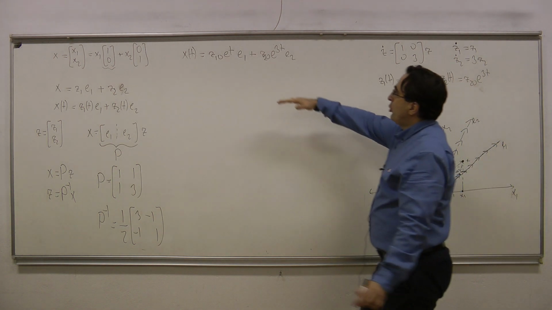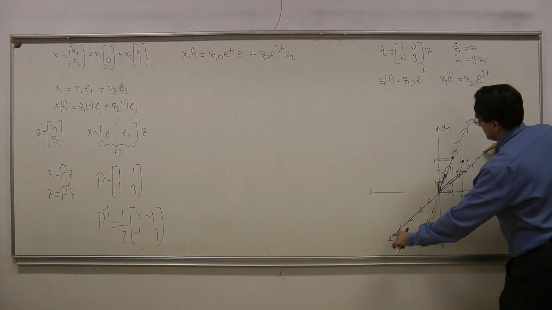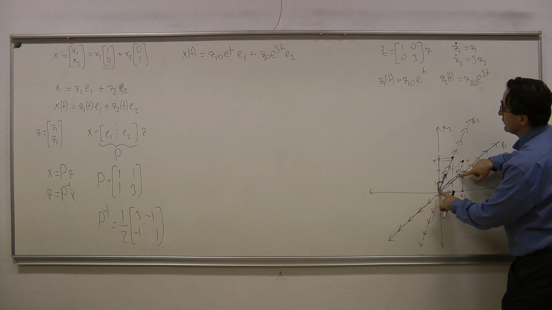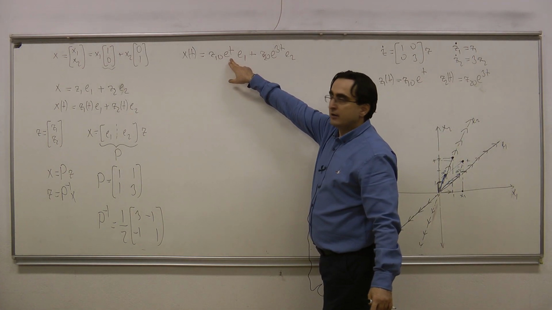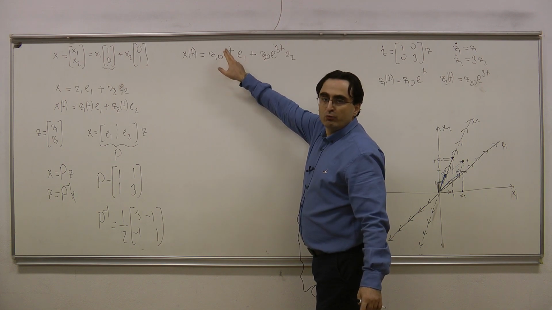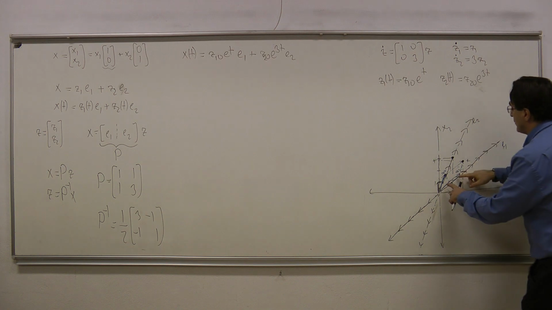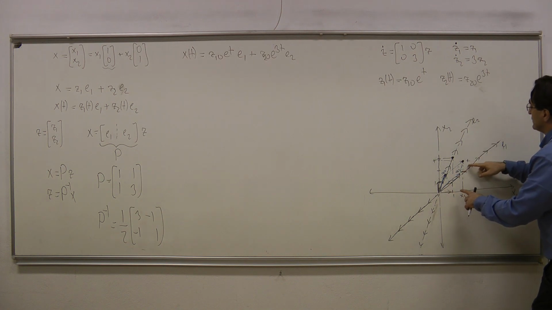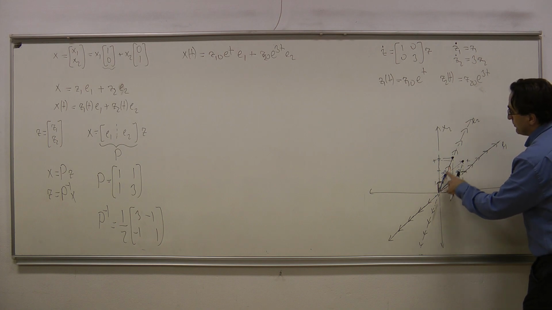Then what is going to happen? The component along the direction of E1, this initial component, is going to grow exponentially with the eigenvalue lambda 1 equals 1. This component is going to go towards infinity. And what about the other component?